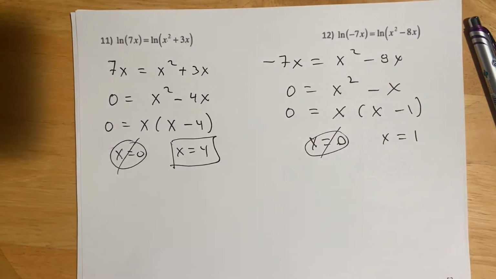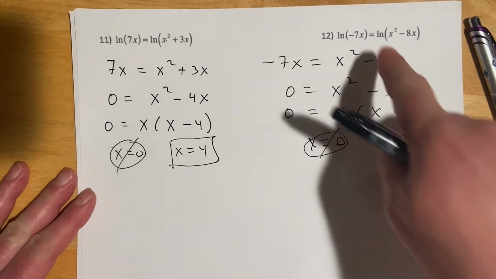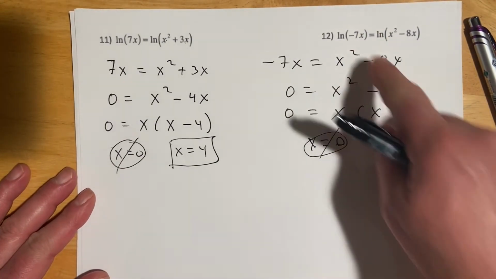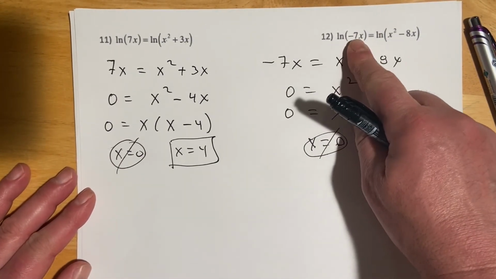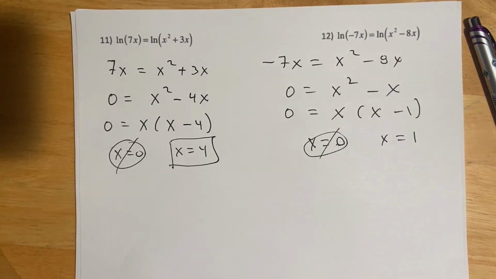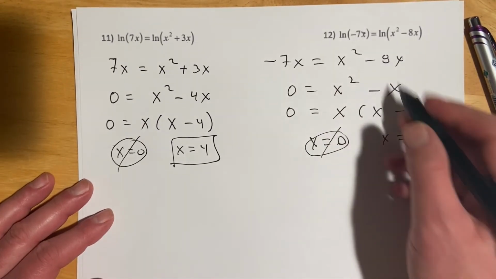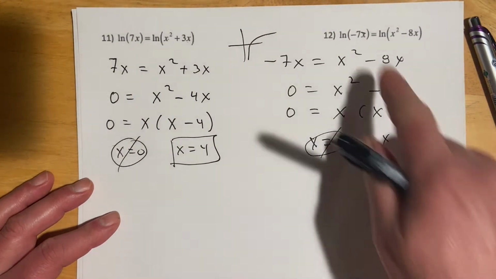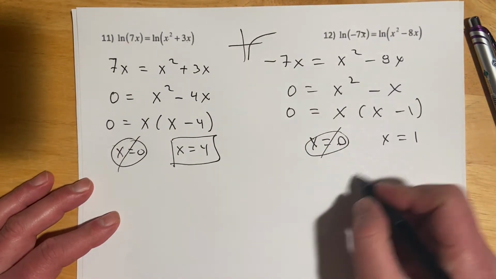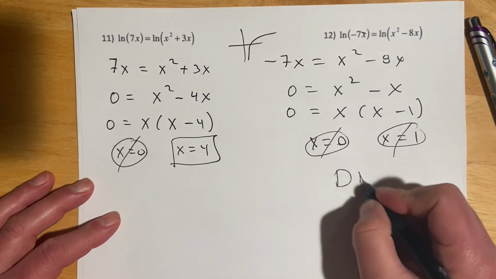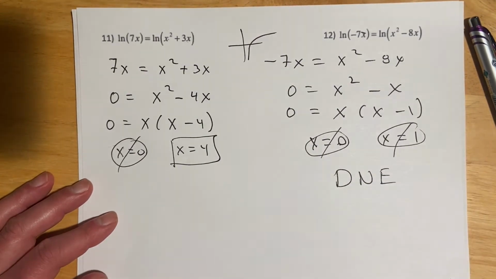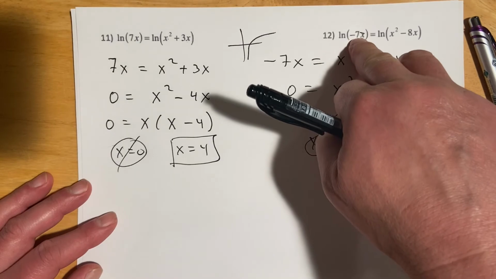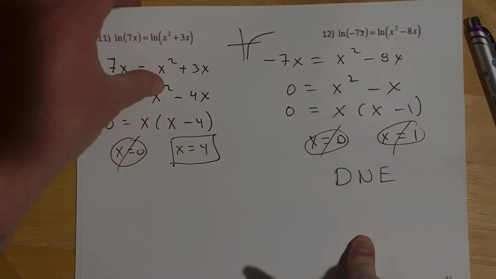And then 1's a positive number, so that must be the real answer. Except if you look, when you plug that in, you get natural log of negative 7, which, that's not an actual thing because our domain is from 0 to infinity, so it doesn't work on either side. And so this one's a DNE. So just because it's a positive number, again, the thing that matters is what happens when you plug it in.